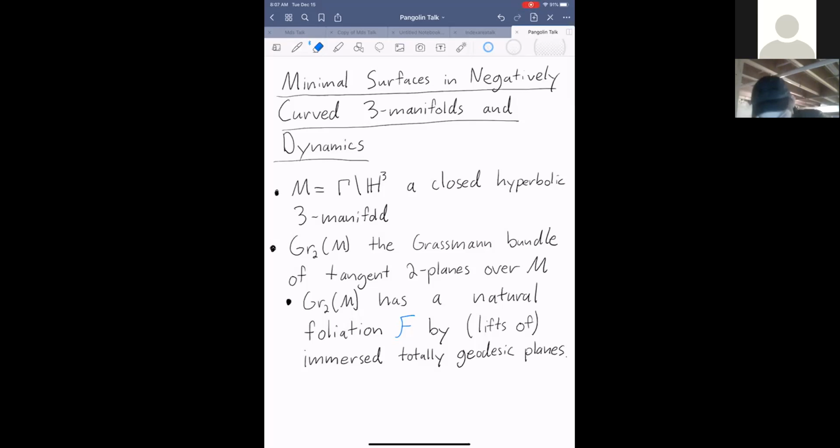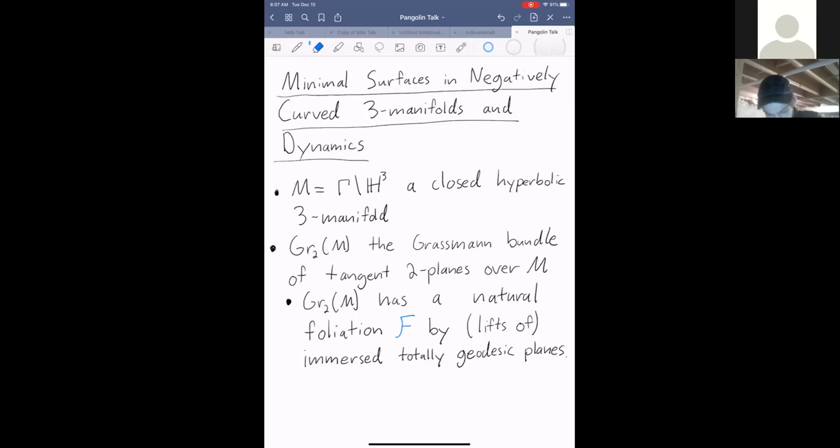Throughout this talk, M is going to be a closed hyperbolic three manifold, just a quotient of three-dimensional hyperbolic space by a discrete co-compact group of isometries.